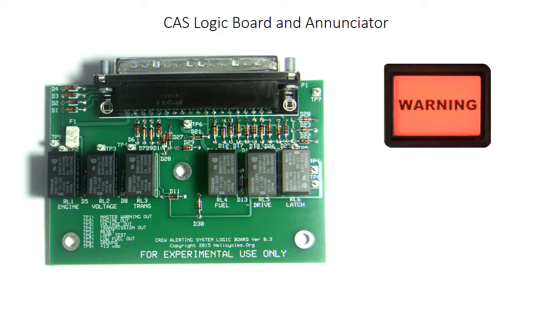And again, I'm using incandescent small lamps. The circuit board consists of 6 sealed reed relays, these black cubes here, and a bunch of silicon diodes and 1 fuse. So it's fairly simple, and I'll go through the circuitry and show you how it works as we go.